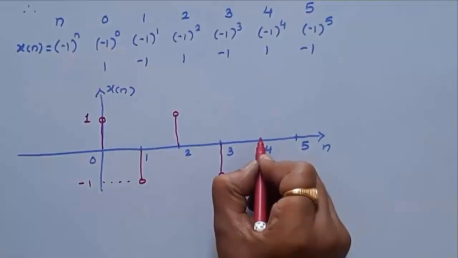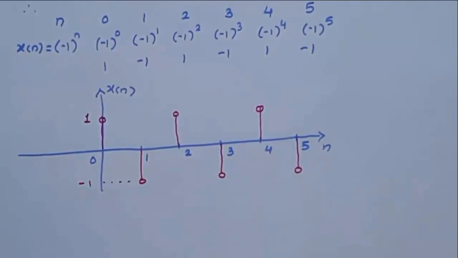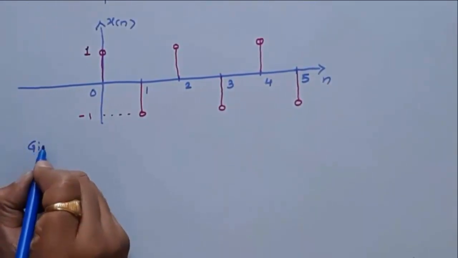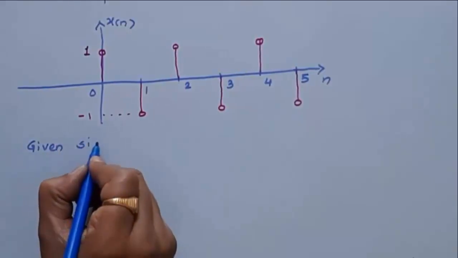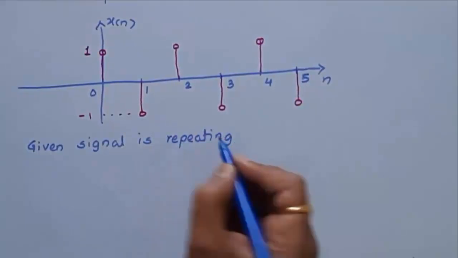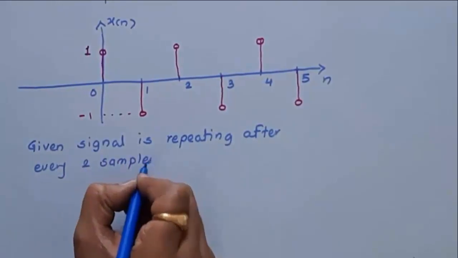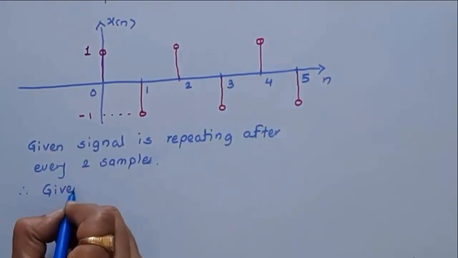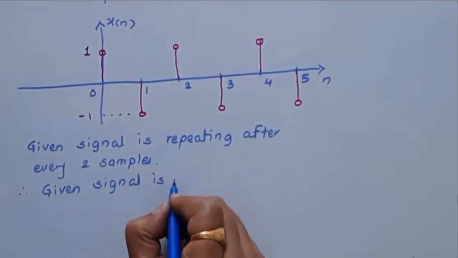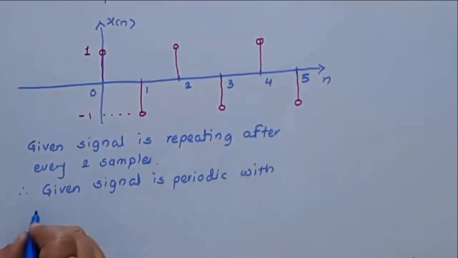At 3, x of n is minus 1, and so on. From the plot, we can identify that the given signal x of n is a repetitive signal, which repeats after every 2 samples. Therefore, the given signal x of n is a periodic signal with period N is equal to 2 samples per cycle.